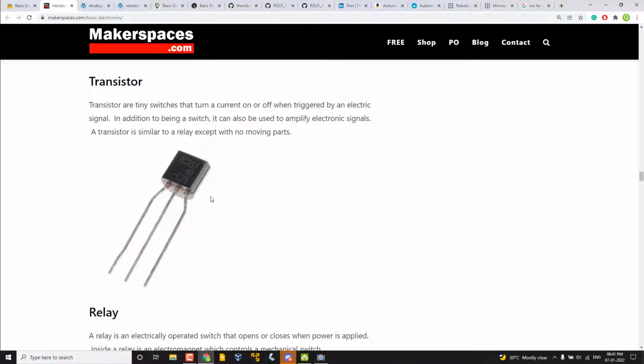I'm not explaining it fully, but it is also used for amplifying signals. So this actually revolutionized electronics, the invention of transistors.